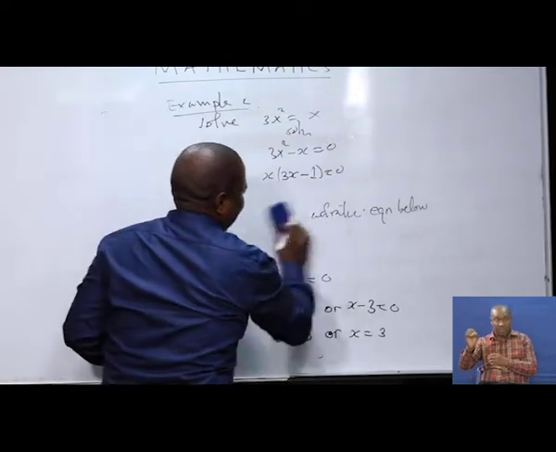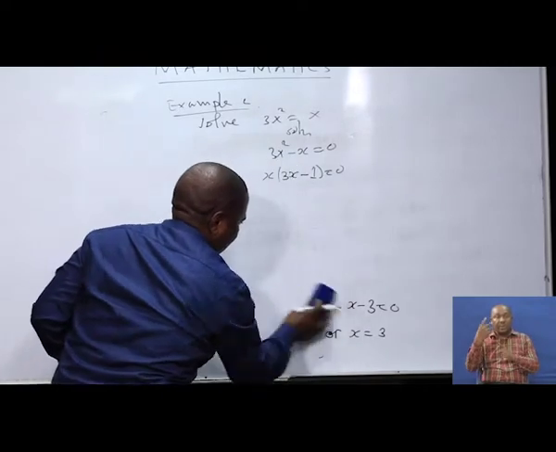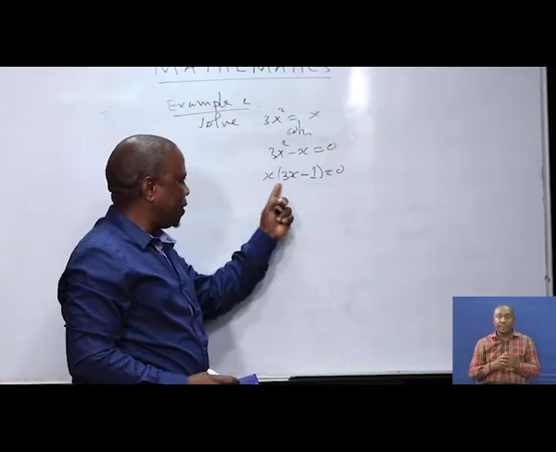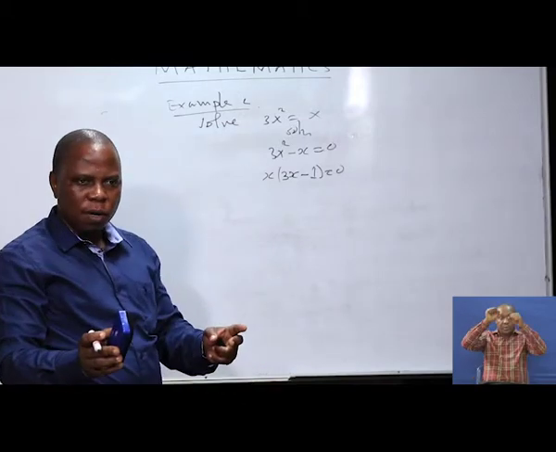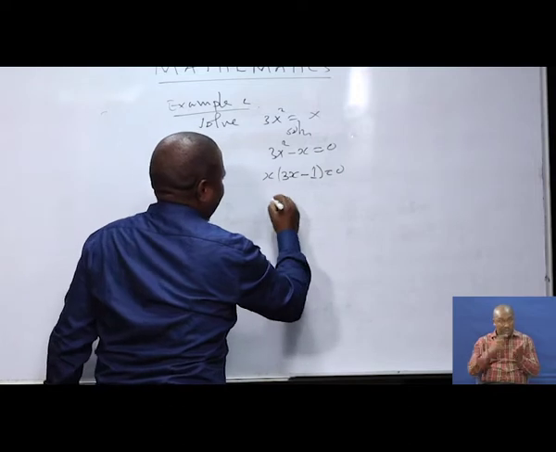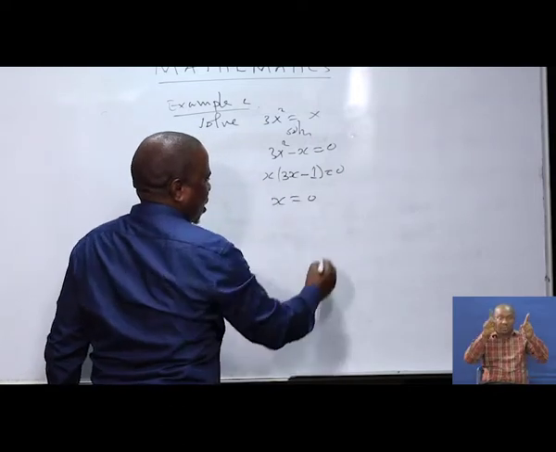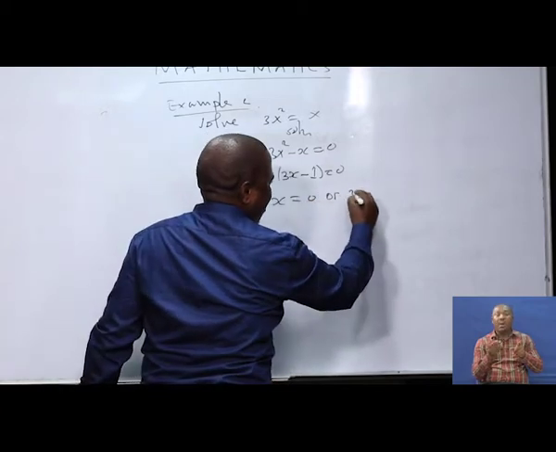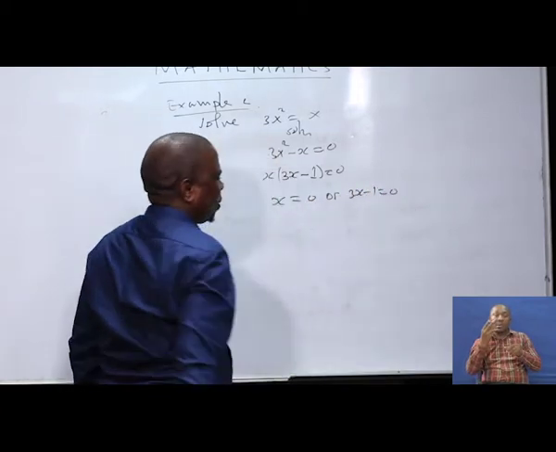You have two terms there. Either one of them should be 0 or all of them. That is, either x should be equal to 0, or 3x minus 1 should be equal to 0.